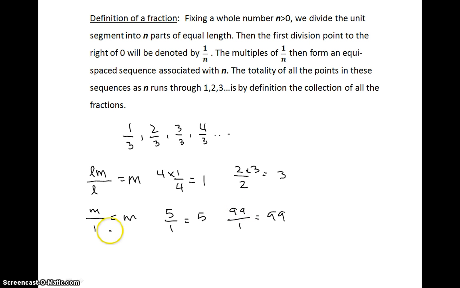Alright, the last one is, and again I can use any symbol, but let's go back and use, let's say B. So let's say I have a number B and I partition it B times. Well, B copies of 1/B is going to give me 1, my unit.